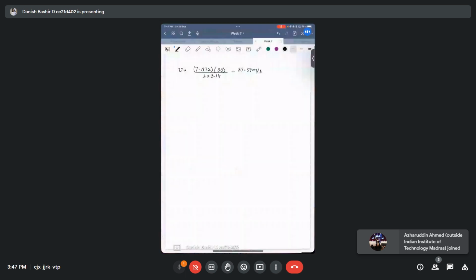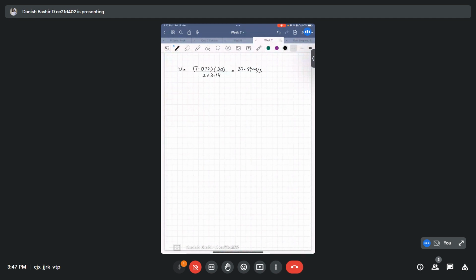Converting it to kilometer per hour, V will be equal to 135 kilometer per hour.